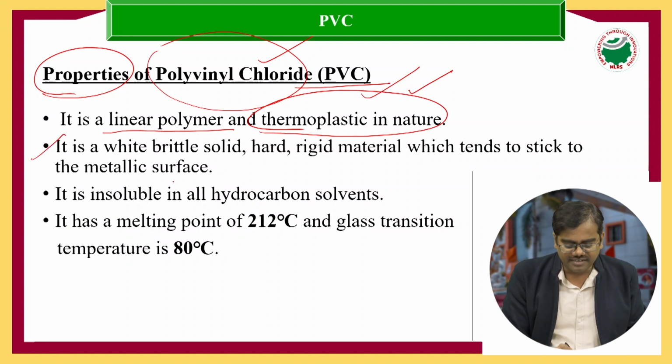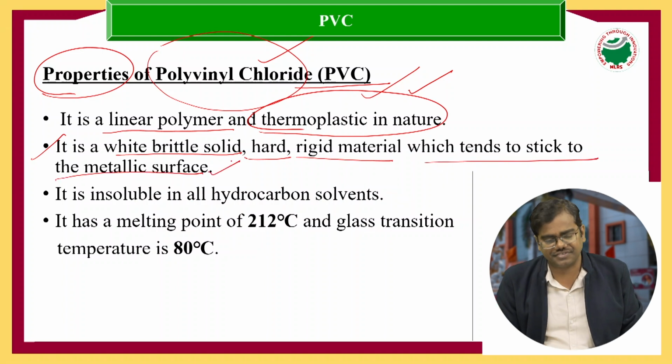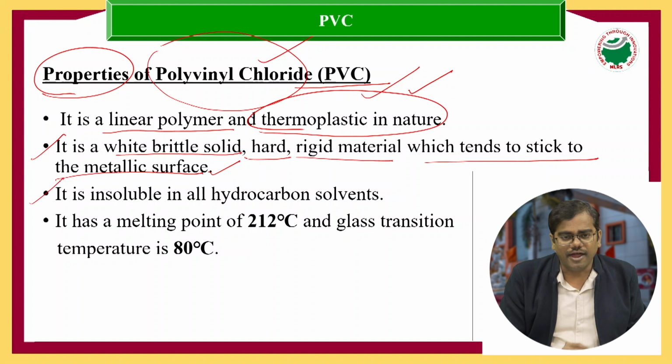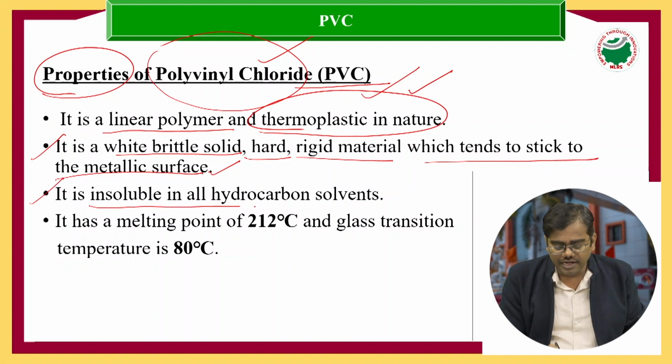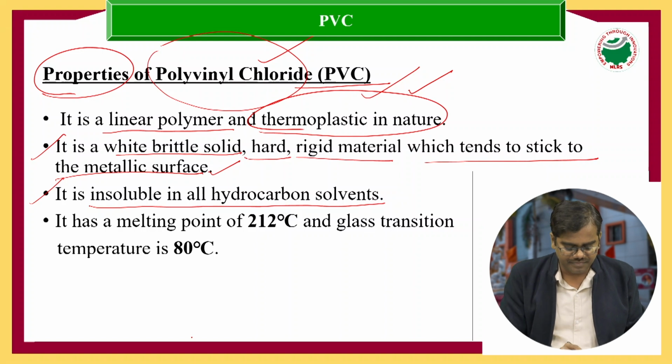Second point, it is a white brittle solid, a hard and rigid material which tends to stick to metallic surfaces. Third point, it is insoluble in all hydrocarbon solvents, in all organic solvents.